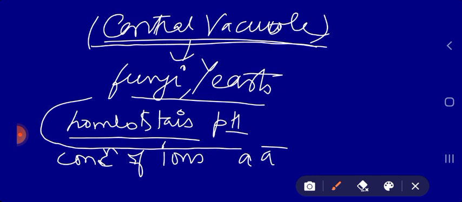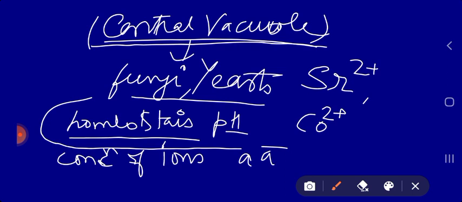Some toxic ions are also transported into the vacuole to separate them from the rest of the cell, and those toxic substances are strontium, Sr2+, cobalt, Co2+, and lead.